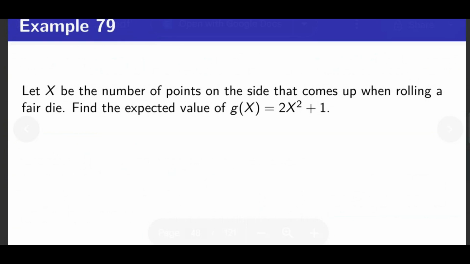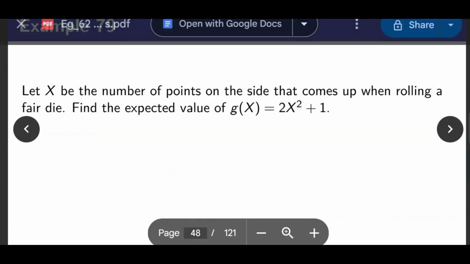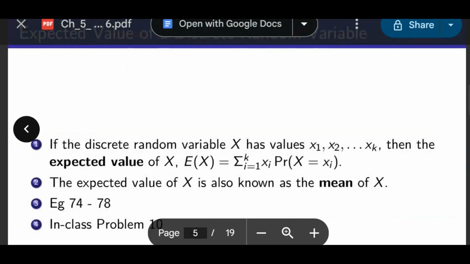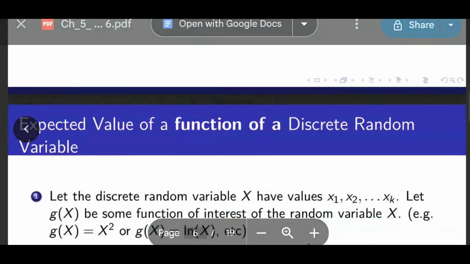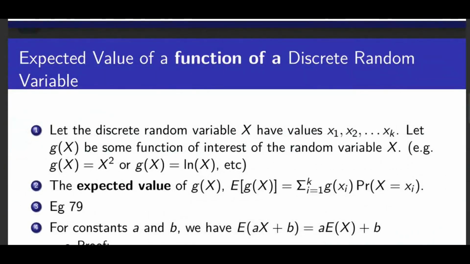Okay, example 79. How do you find expected values of functions of the random variable? Okay, so I think there's some notes I want to go over. It's actually quite easy to know how to do the expected value of any function of the random variable.